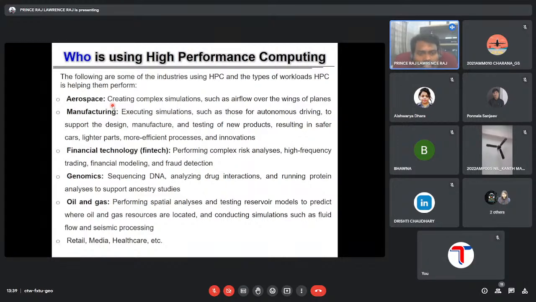Likewise, in the manufacturing area people are using a lot of parallel computation for autonomous systems and all those things. Also finance technology is one of the important areas where people use high performance computing. If you see genomics, sequencing studies, DNA studies, biomechanics, oil and gas, everywhere people use high performance computing.